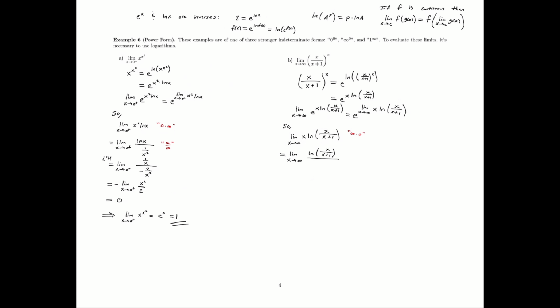So rewriting by dropping the x into the denominator, rewriting it as 1 over x, reassessing the form, we do have 0 over 0.